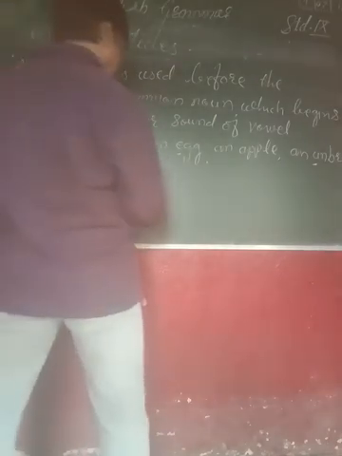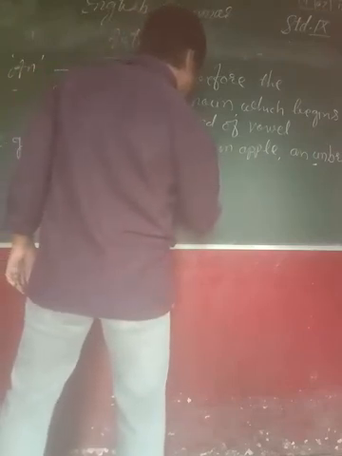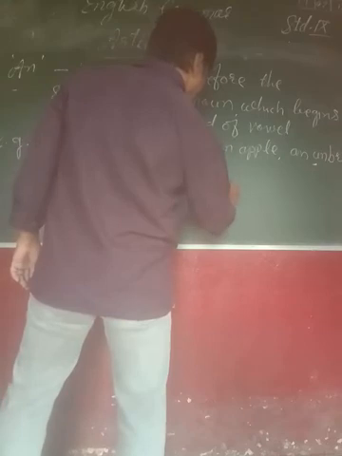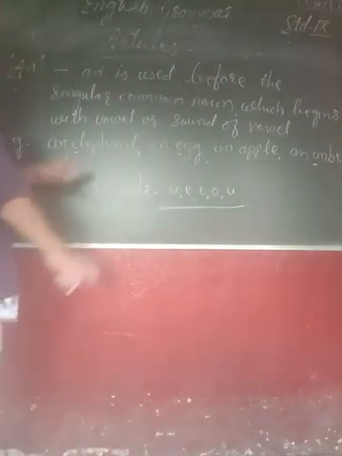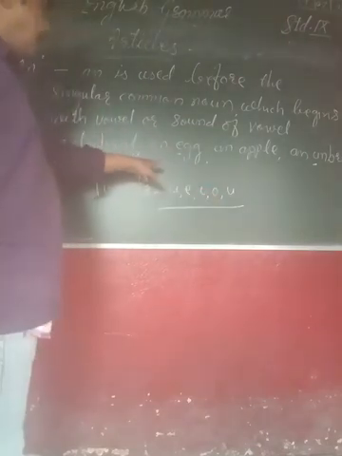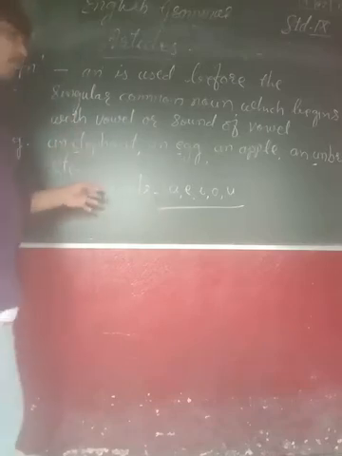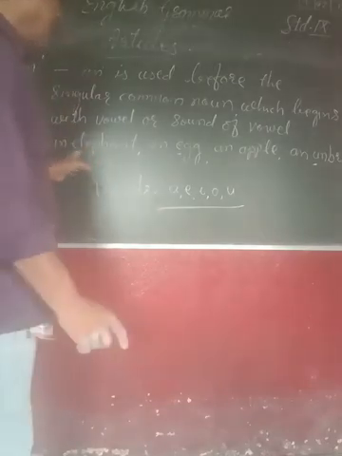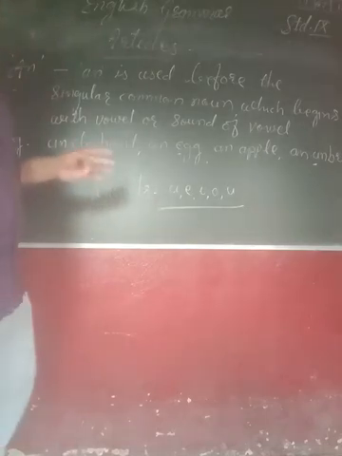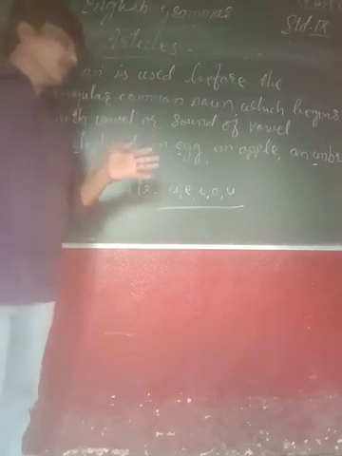These are A, E, I, O, U. Any word which begins with any of them has an before it when it is in singular form. And even if the word begins with a consonant but sounds like a vowel, it takes an before it in the singular form.